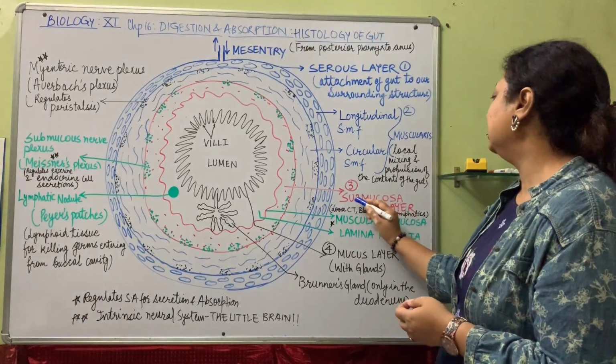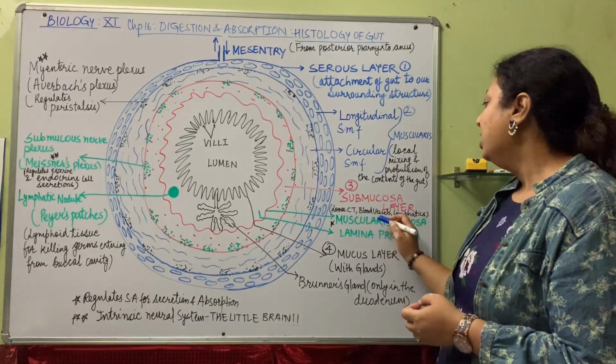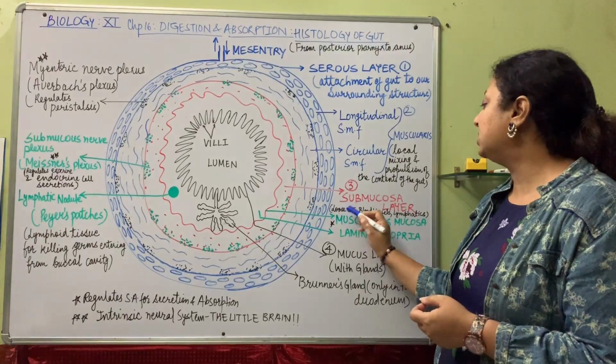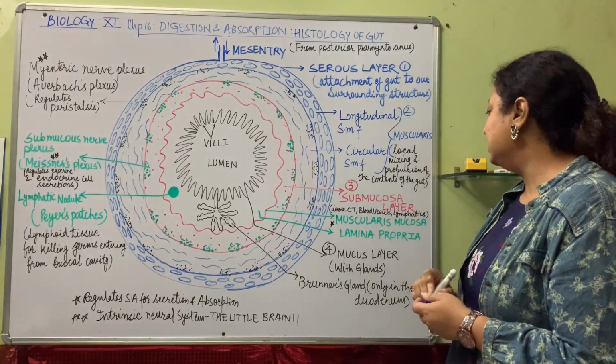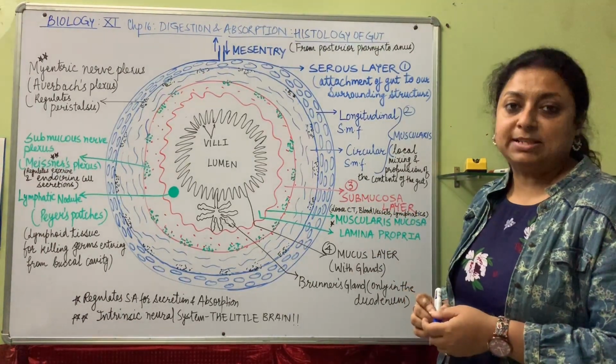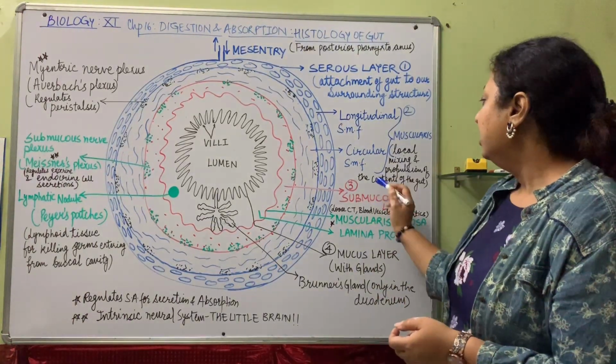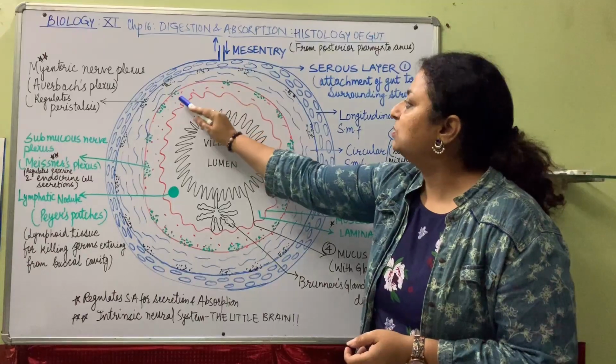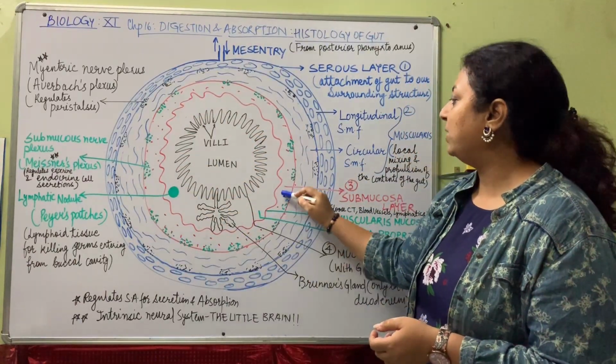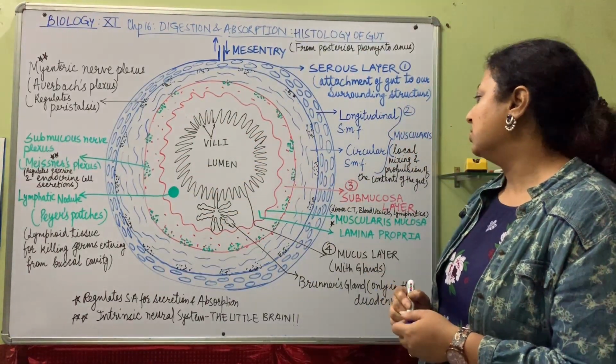After that we have the third one, the submucosa layer, which contains loose connective tissue, blood vessels and lymphatics, that is lymph supply. This complete layer, with the waviness I made in red color, is the submucosa.